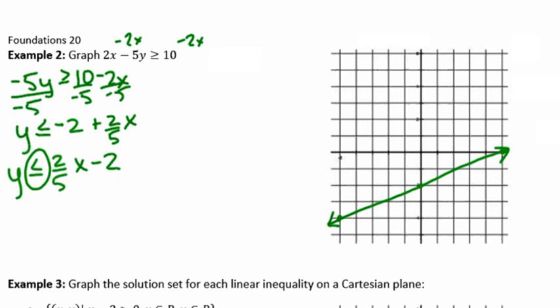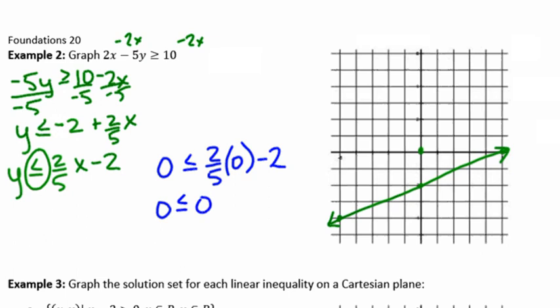Now which side of that line will I be shading? Which side satisfies? So again, pick a testing point, and (0, 0) is not on our line, so let's start there. When I plug 0 in for my values, is 0 less than or equal to 2/5 times 0 minus 2? Again, that'll be 0.